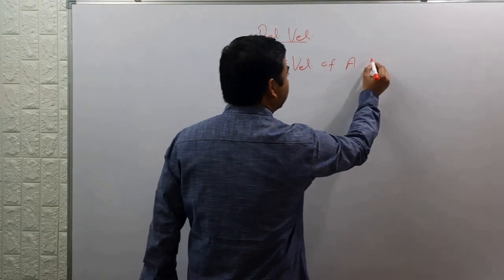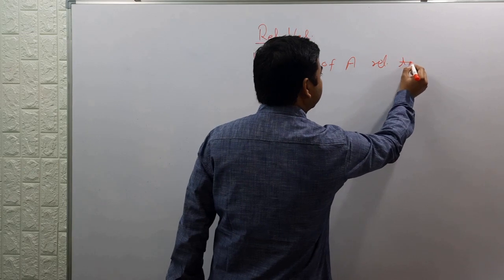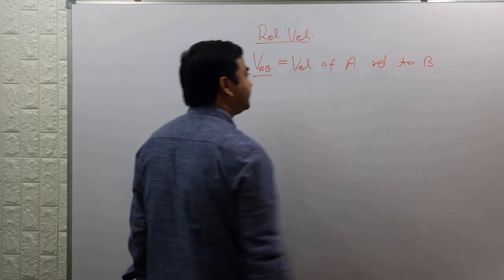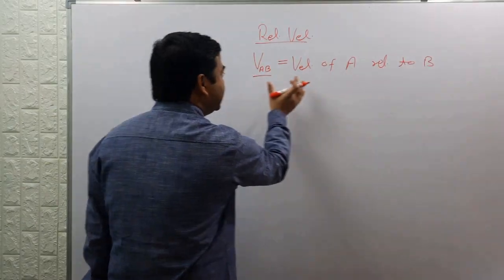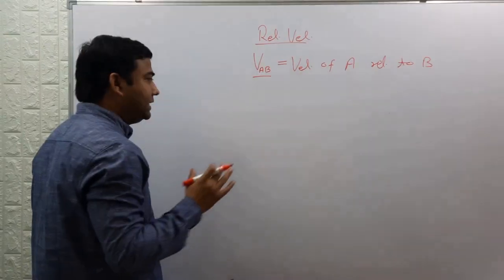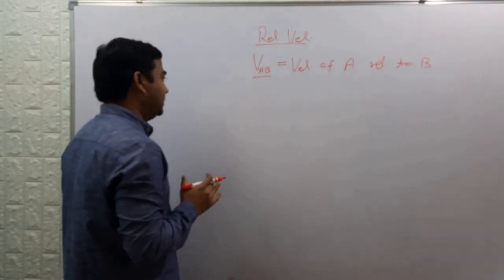Velocity of A relative to B is represented with VAB. So what does it mean actually? We will take a simple example.